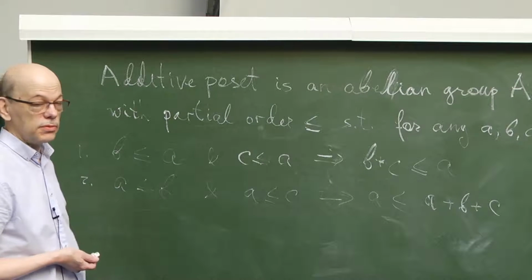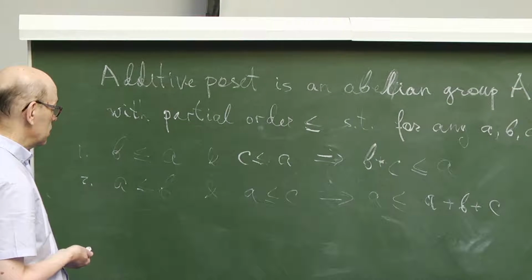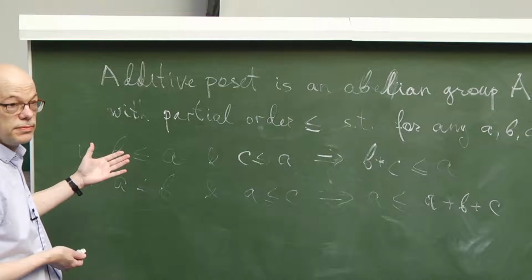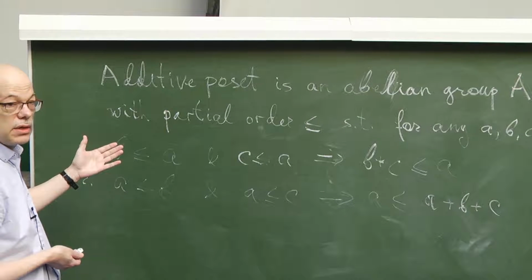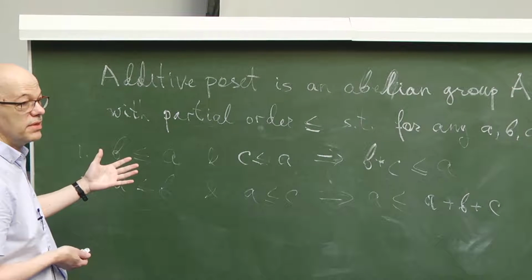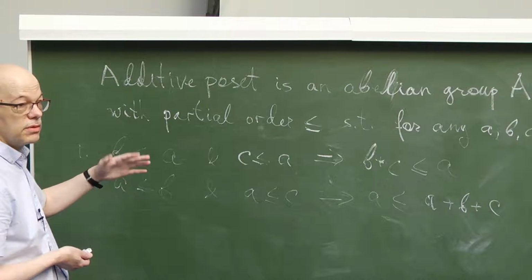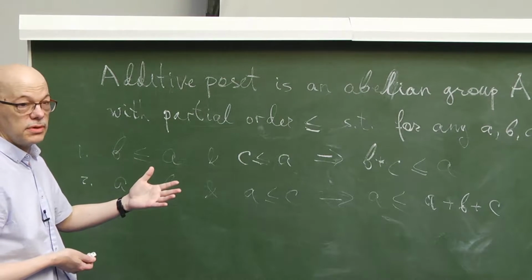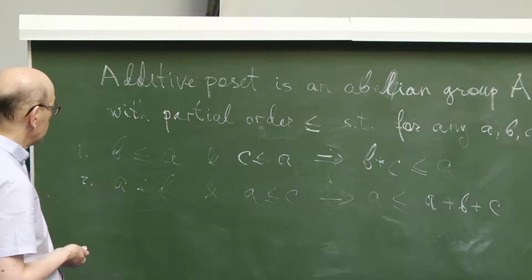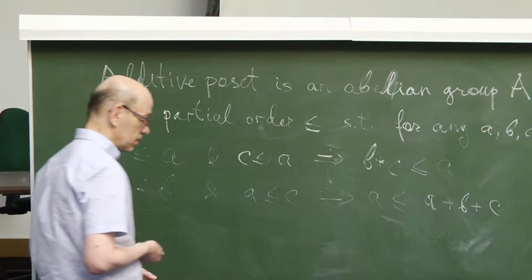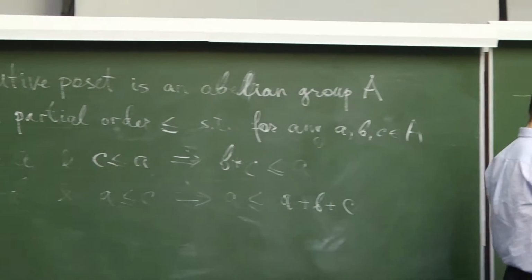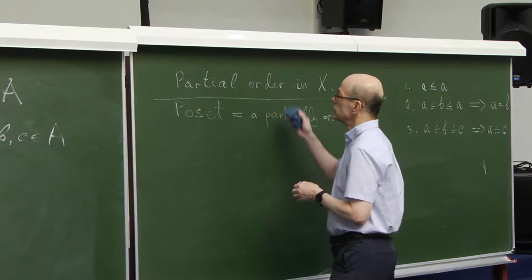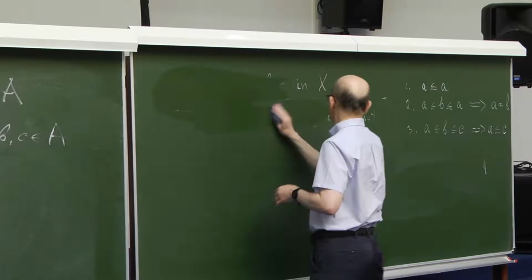What I'm going to do now is give examples of additive posets, and I will talk about the elementary theory of additive posets, some related notions, and then I will come back to graphs and also to CW complexes. Additive posets arise quite naturally from algebraic considerations or from topological considerations, and we'll see both.